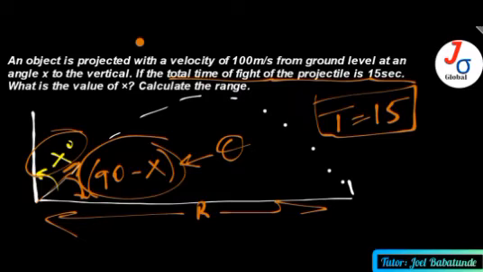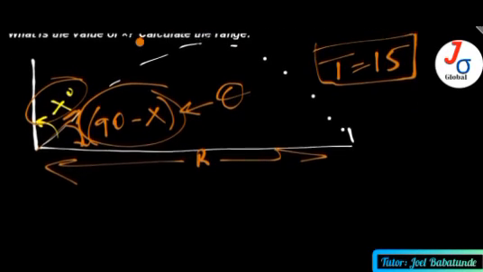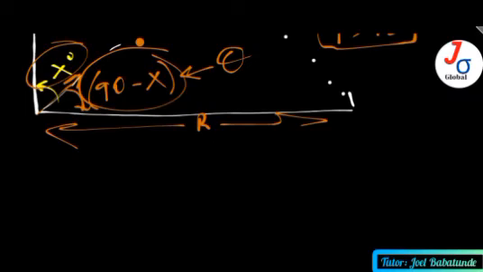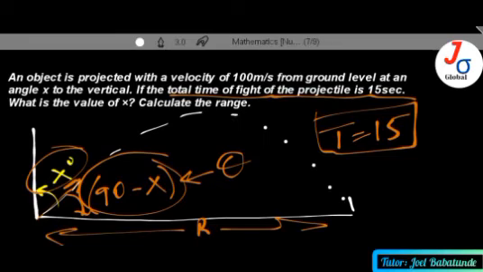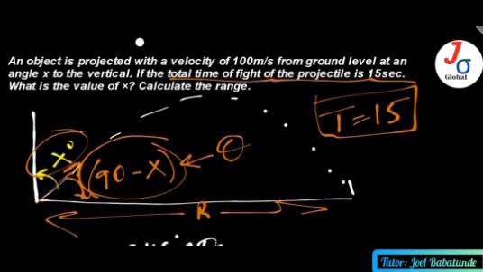Remember the formula for time of flight is T equals 2u sine theta over g. What is u? The projectile is projected with a velocity of 100 meters per second, so u is 100 meters per second.